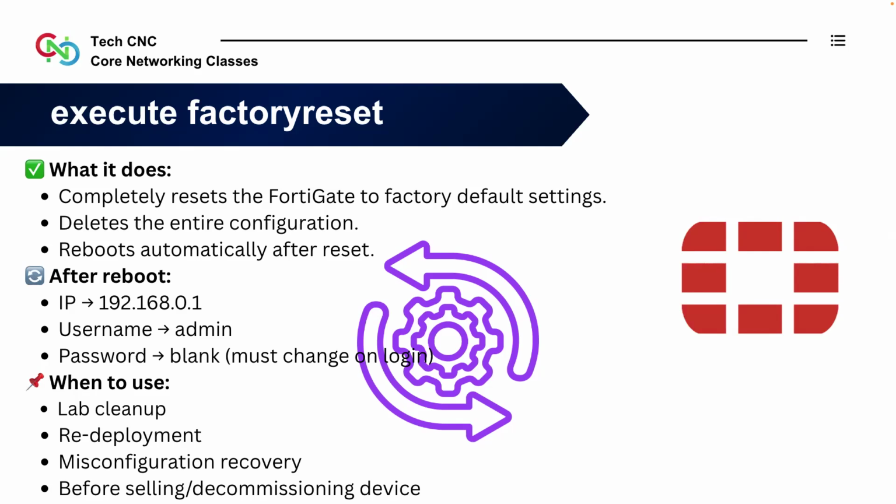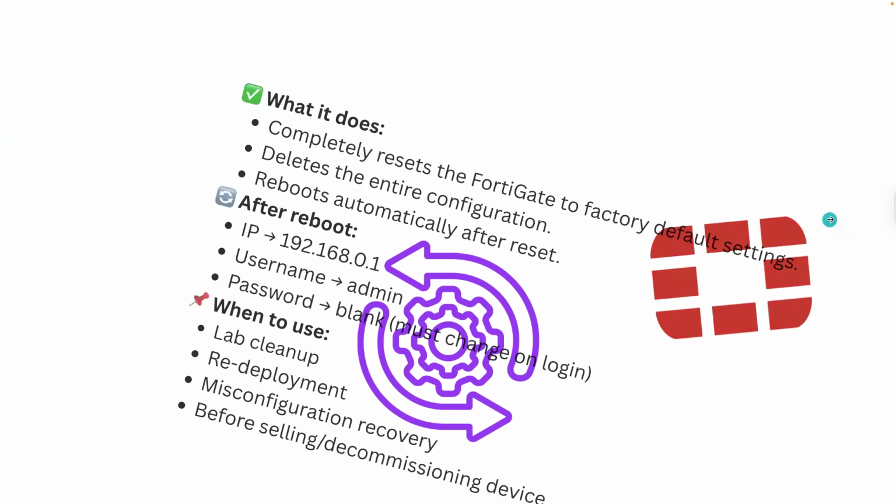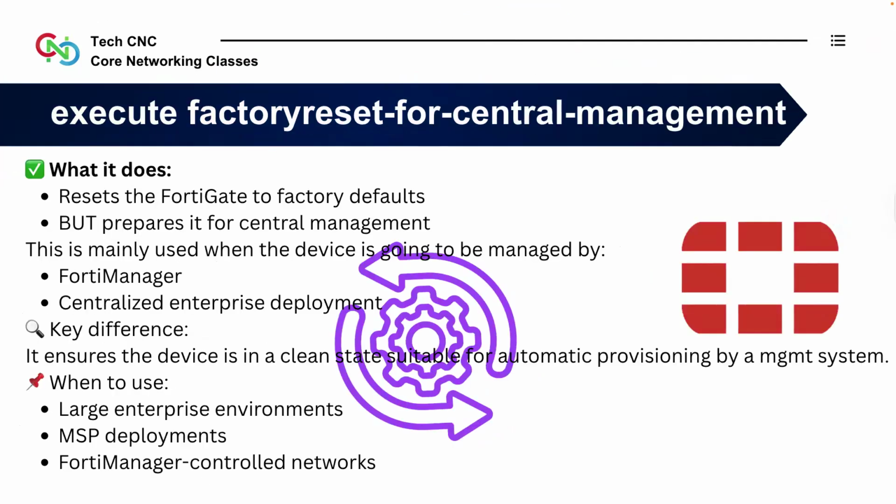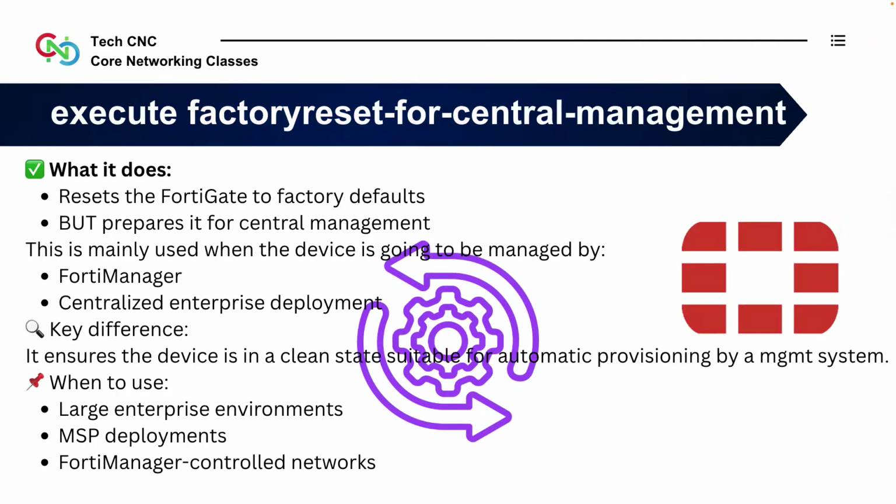Now another option. Here we have execute factory reset for central management. This is something different. It will reset your FortiGate to its default setting, like a factory reset, right? But it will prepare your box for central management.